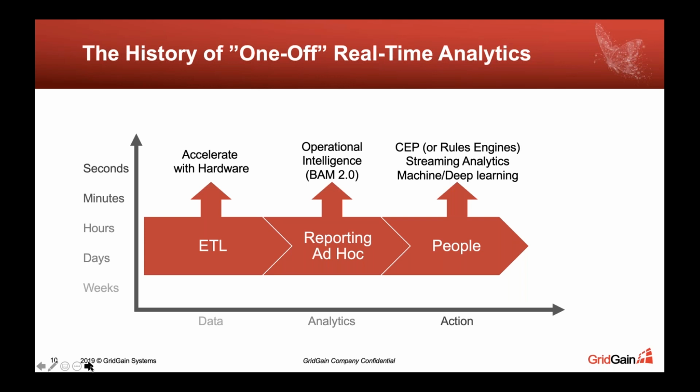So things like complex event processing or simple rules engines, or some form of what people called streaming analytics. There have been a bunch of them. Some have even started implementing machine or deep learning. Machine learning basically meaning statistics, and deep learning meaning self-learning, or the machine actually learning on its own. So all of these have been going on, but the problem is they've all been separate from the applications. So there's always a delay.